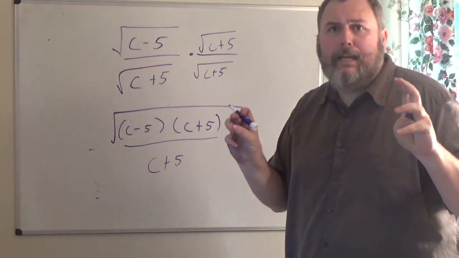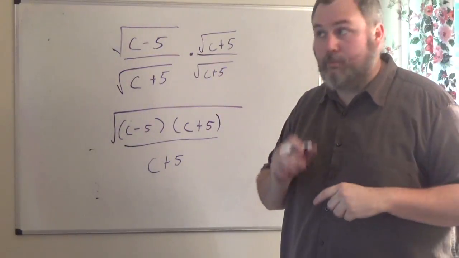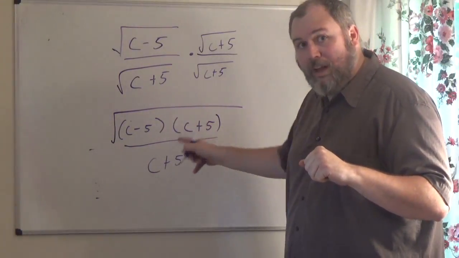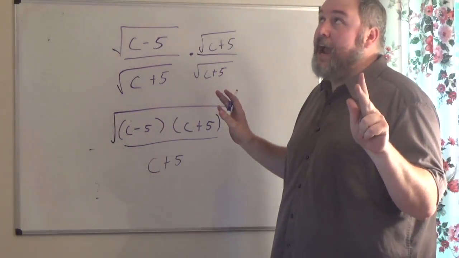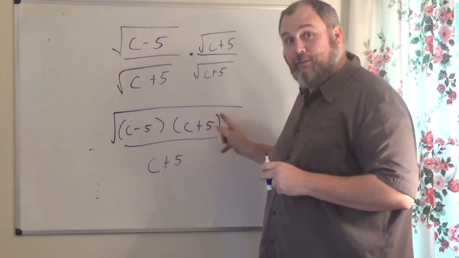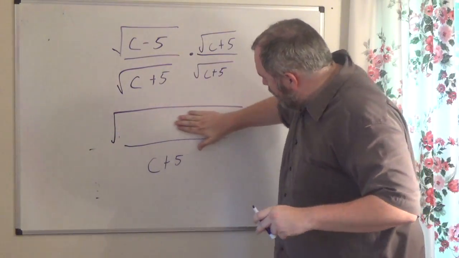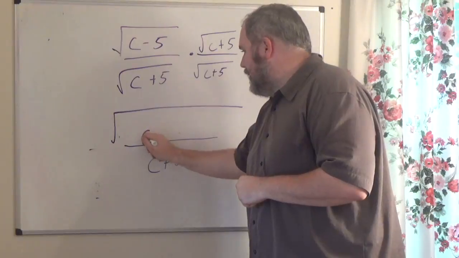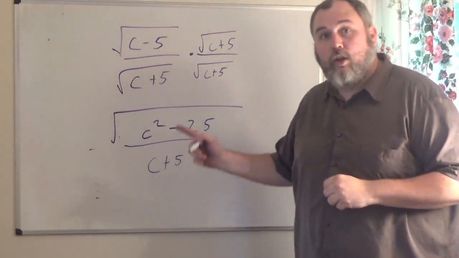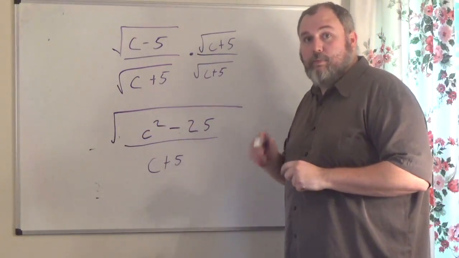Ding, ding, ding. Alarm bells. What should be going off in your brain? What does this look like? Difference of squares. So when I have a difference of squares, c minus 5, c plus 5 being multiplied, I'm going to write c squared minus 25. So it's the square root of c squared minus 25 over c plus 5.